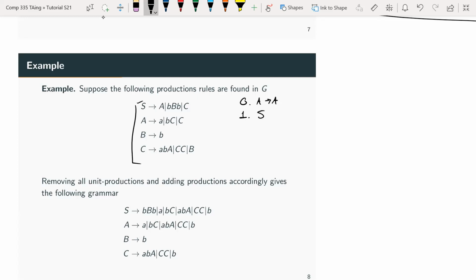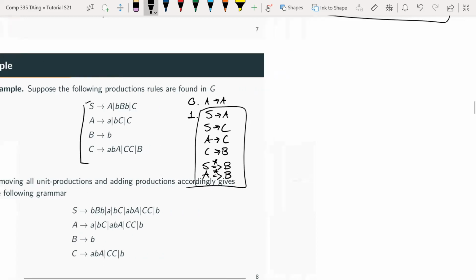Well, I can see that S gives me A, S gives me C, so I can already use those. I also have that A gives me C, and that C gives me B. And so by transitivity, I also have that S gives me in one or more steps B, and that A gives me in one or more steps B, right? So I have all of these, okay?